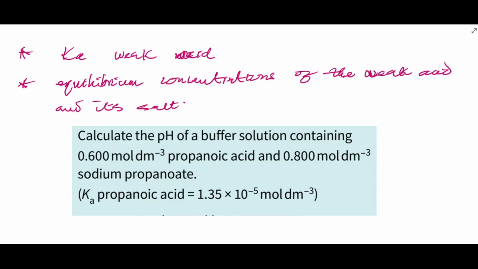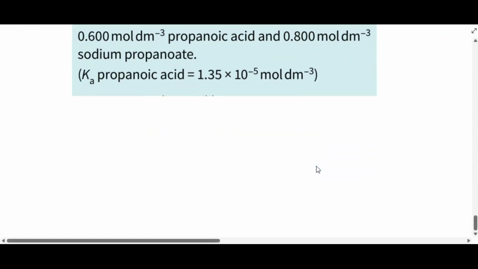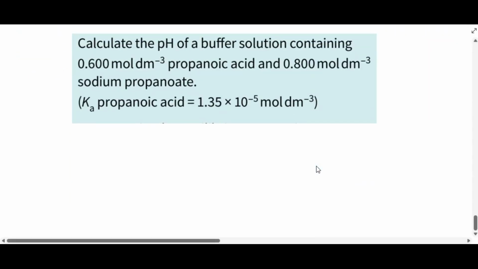In this example, we are asked to calculate the pH of a buffer solution that contains 0.6 mole per dm cube propanoic acid and 0.8 mole per dm cube sodium propanoate, and the Ka of the propanoic acid is given as 1.35 times 10 to the power of minus 5 mole per dm cube. So let's look at how we are going to do the calculation.